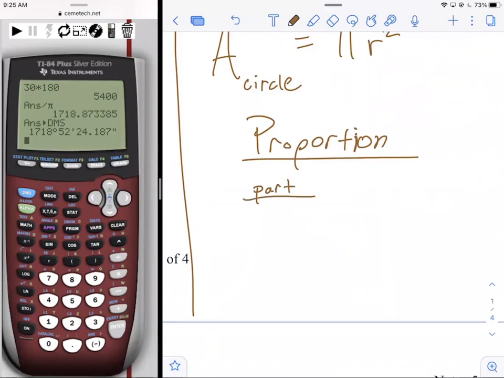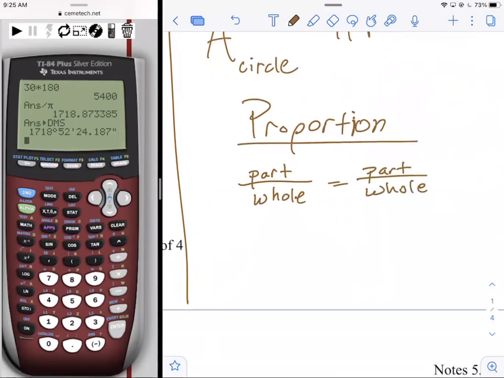Here's how you can set up proportions. You could say the part is to the whole as the part is to the whole, right?